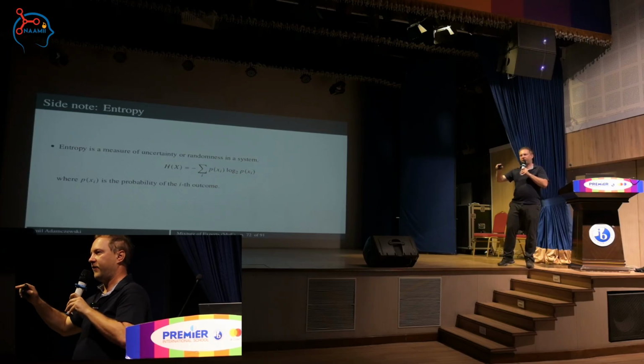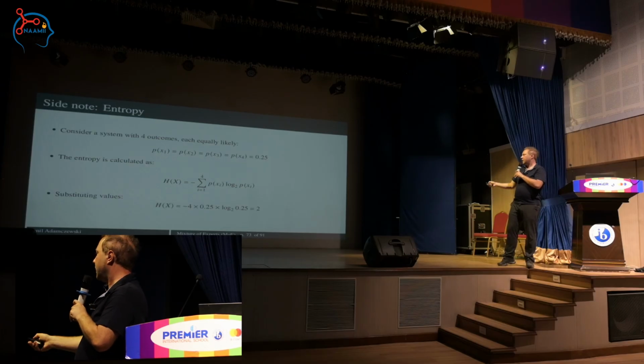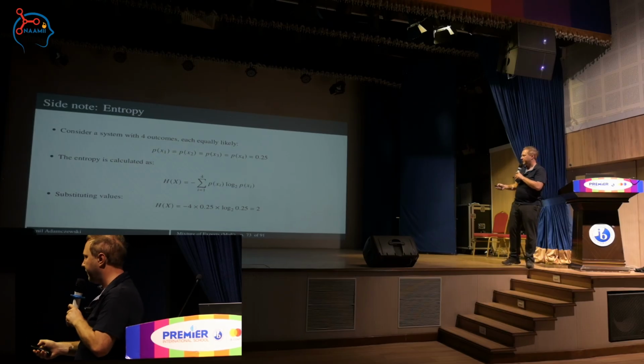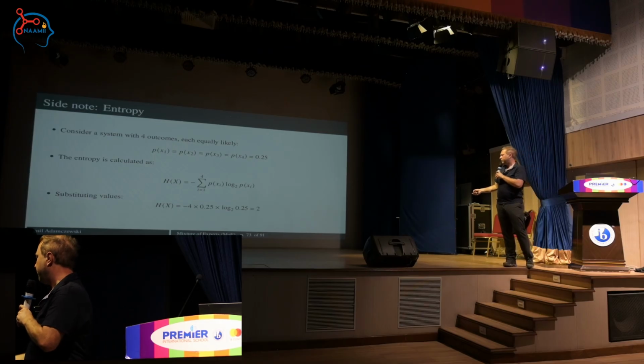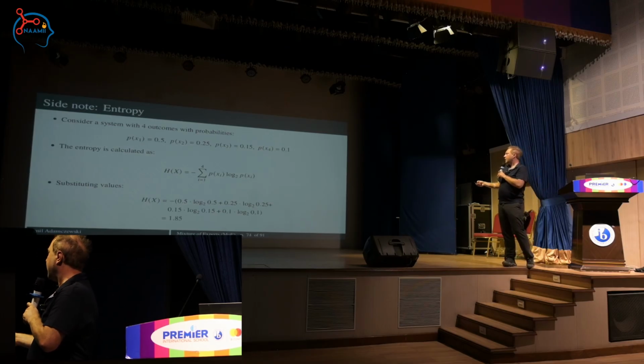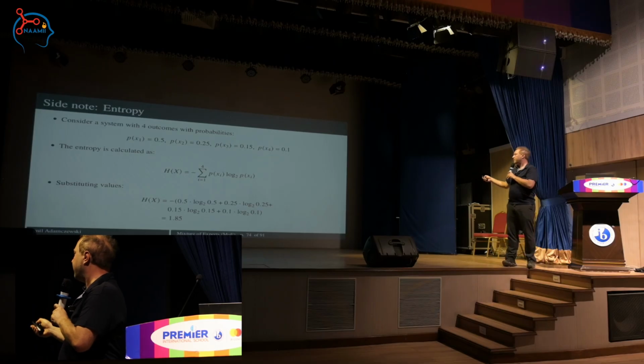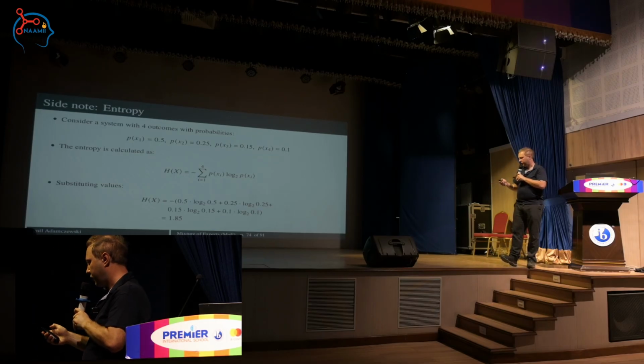If we have a very even distribution, then we have high entropy, and if we have an uneven distribution, we have low entropy. For instance, 0.25, 0.25, 0.25, 0.25 will have entropy 2, and another one, 0.5, 0.25, 0.15, 0.1, will have a lower entropy.